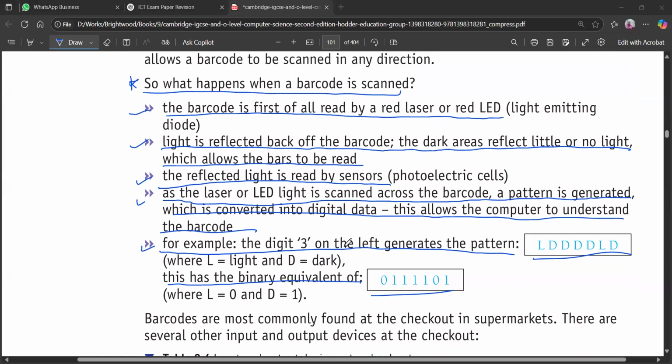Like that, the barcode will look like that.